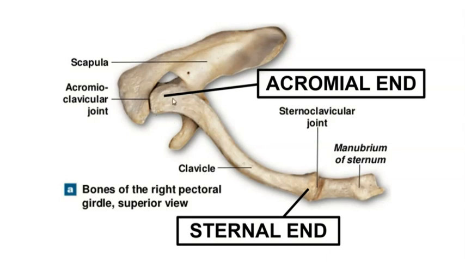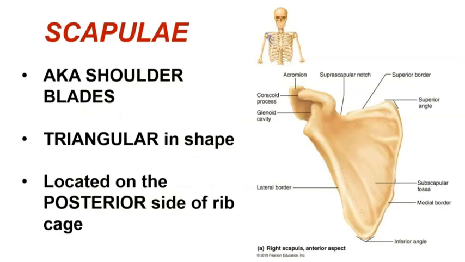So the acromial end of the clavicle meets the acromion of the scapula, and we have the rounded sternal end, which is butting up against the sternum. The scapulae, which are also called the shoulder blades, are triangular in shape, and they are located on the posterior aspect of the pectoral girdle. That is, they sit on the posterior side of the rib cage.